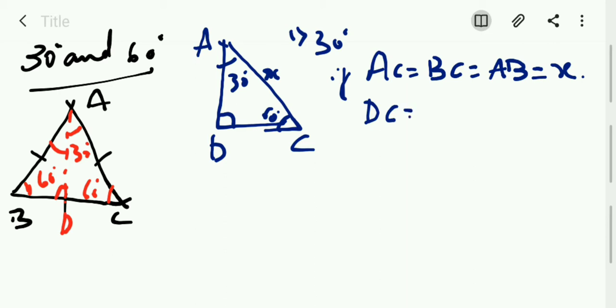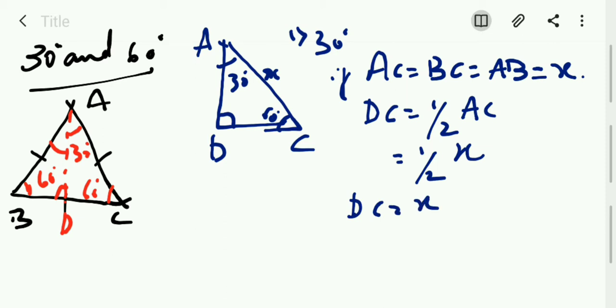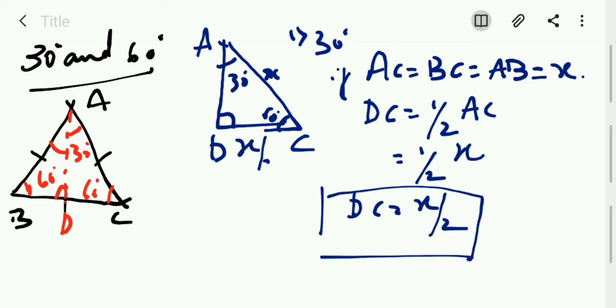So DC is equal to half of AC or BC, anything, so half into X, so DC is nothing but X by 2.